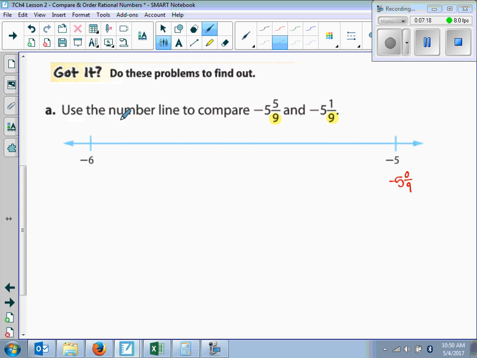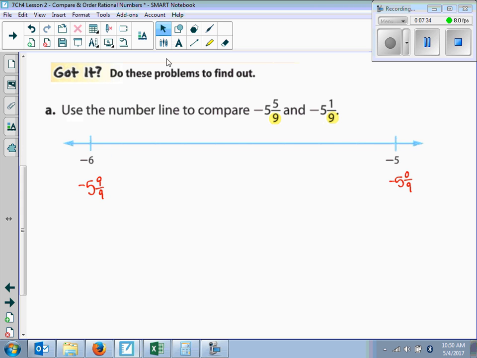Over here, this would be negative 5 and 9/9. And then you just add those together and you get negative 6. Does everybody understand that? Okay?